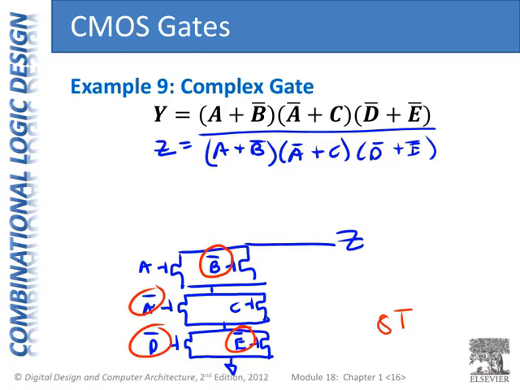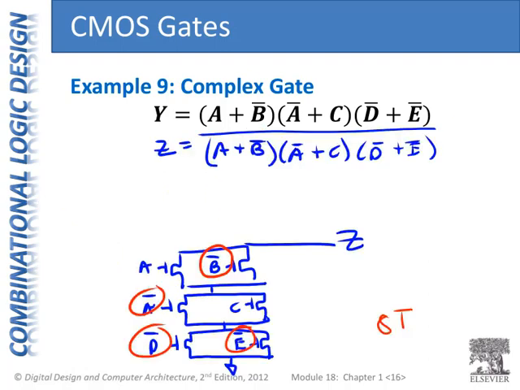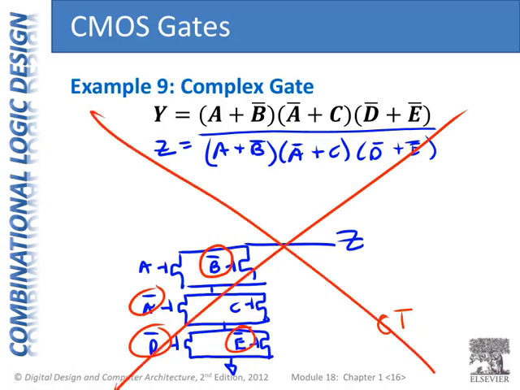And so now this one's going to require 20 transistors, where the last version just required 16 transistors. So this one would not be optimal. In fact, this would require 20 plus 2 more transistors to invert Z to get Y. So 22 transistors in total. So certainly not the most optimal solution.